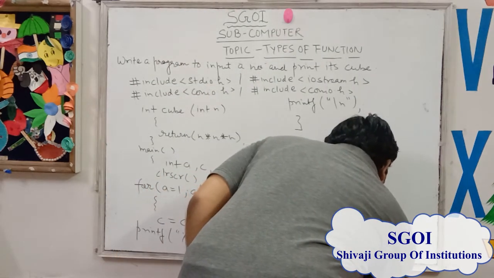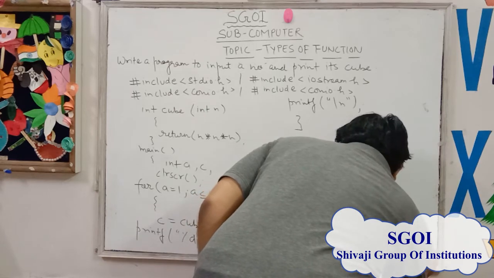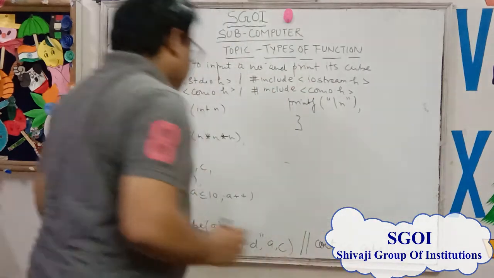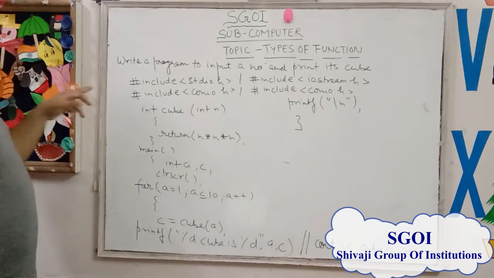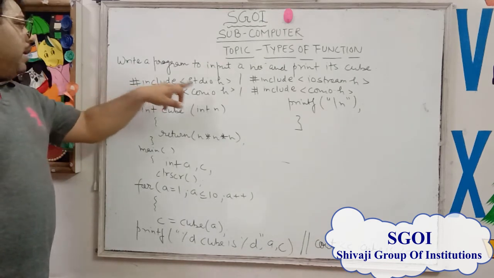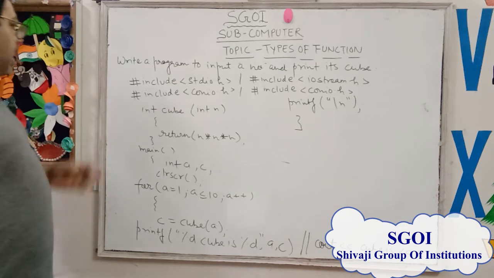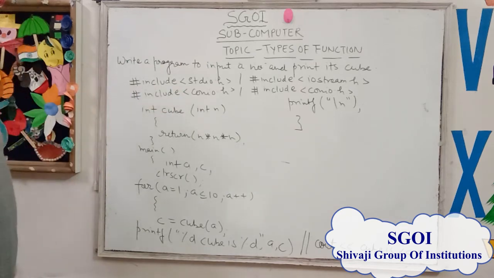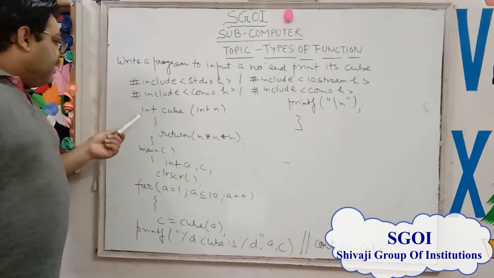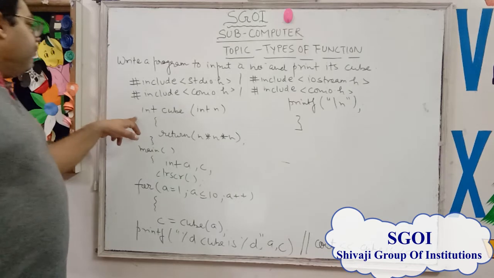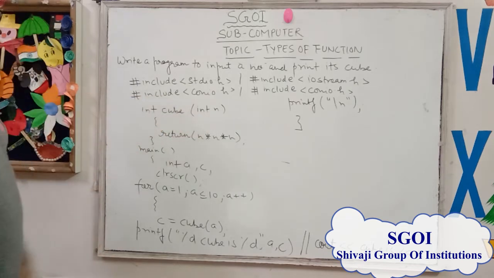Firstly we write #include stdio.h and #include conio.h. These are the header files. Then we make the function header, that is data type, function name and number of arguments.